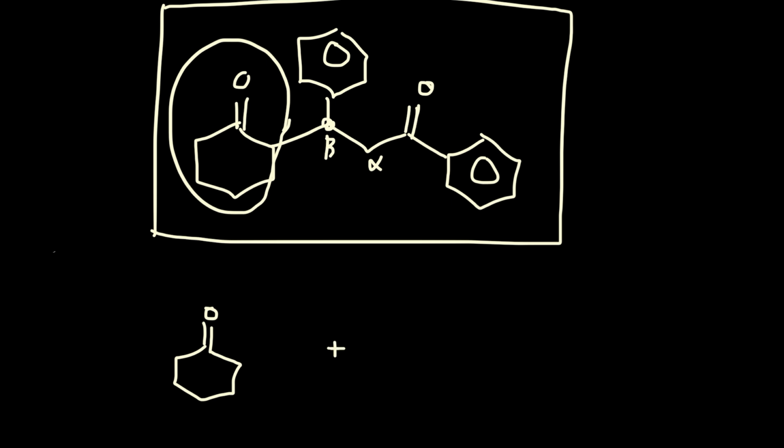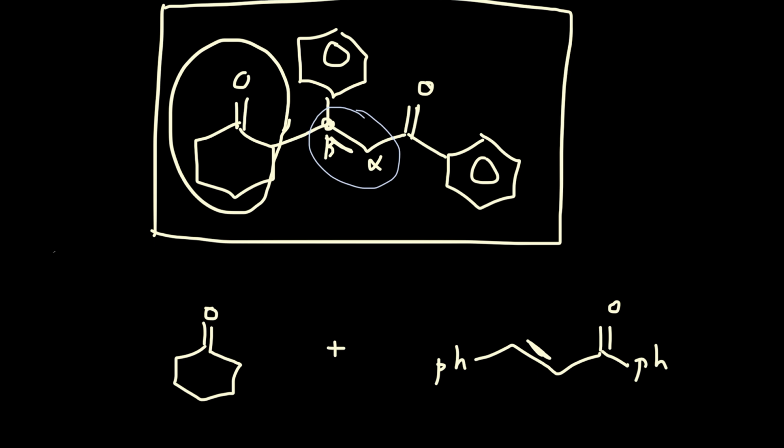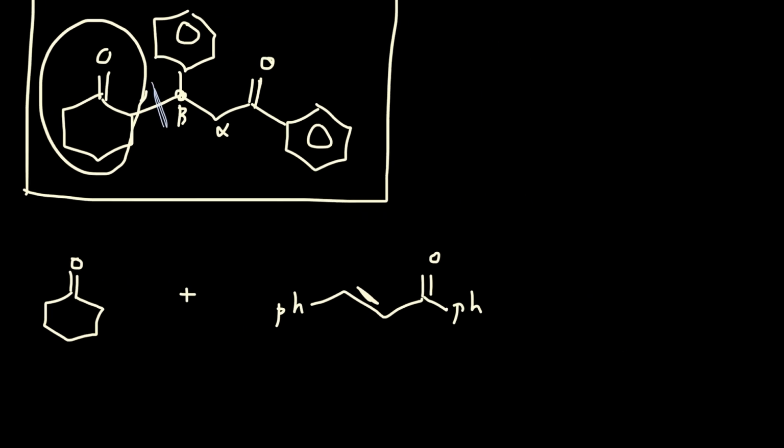This could be one of our reagents, and another one of our reagents could have been this, with a conjugated bond right here. Okay, so this is where it joined. So where the alpha and beta was, you just put an alkene in between it, then you split this bond. Okay. And then this is the alpha carbon.